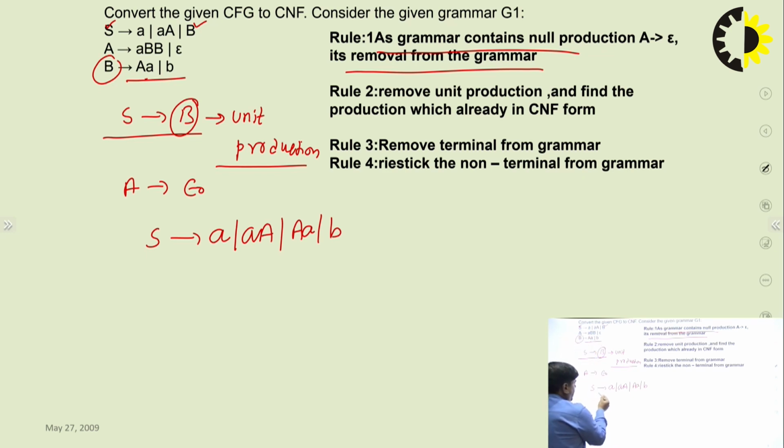Okay, so now this is the new production rule for the start symbol. Now the first work is done.